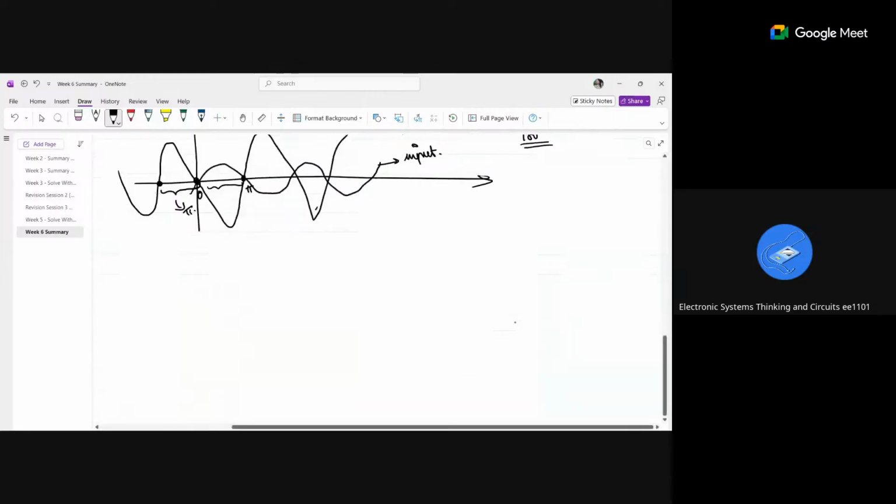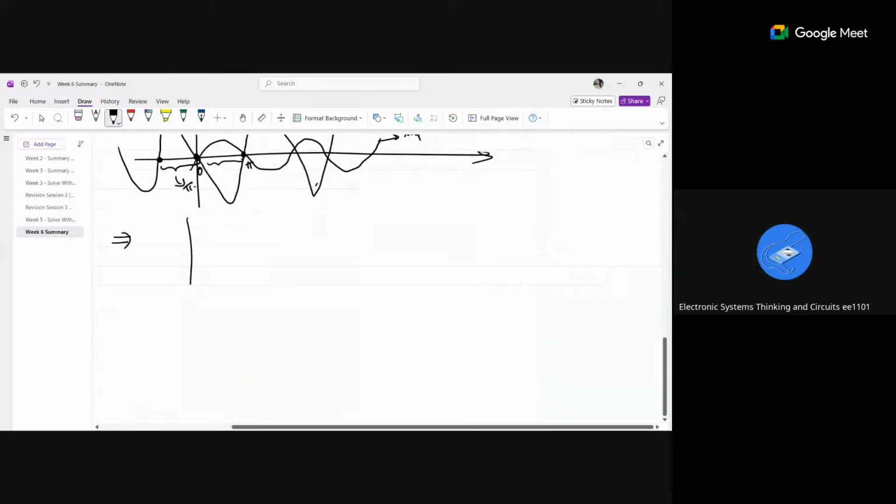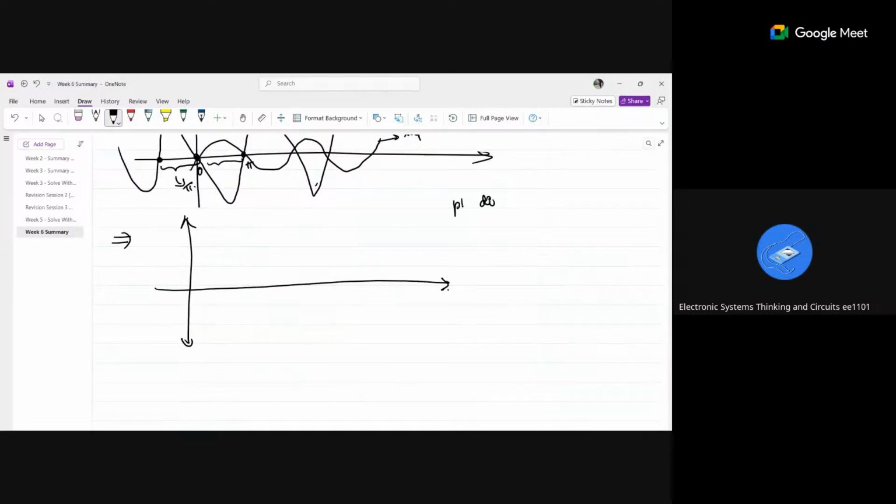Now, this is not the output of the inverting or non-inverting amplifier. This is just to help you understand what the phase difference is. I will give you one question and you have to find the phase difference between these two waveforms. So this is my wave V1 and this is another wave.